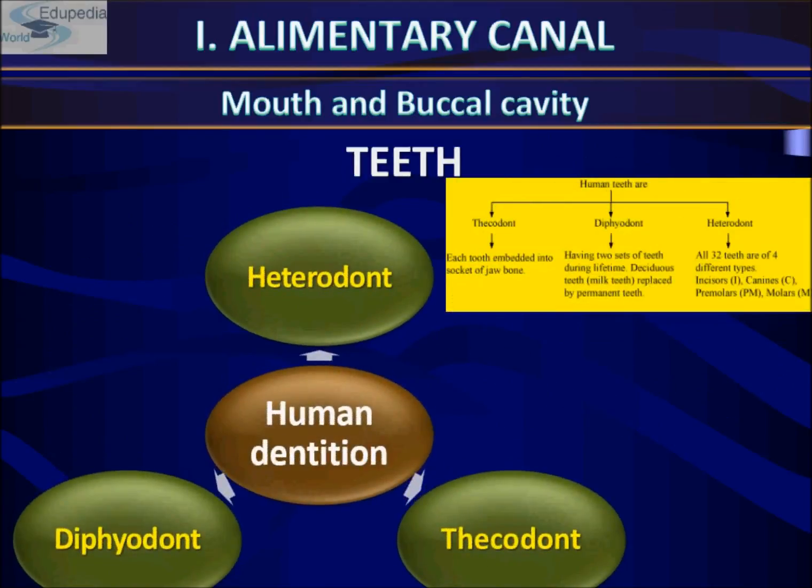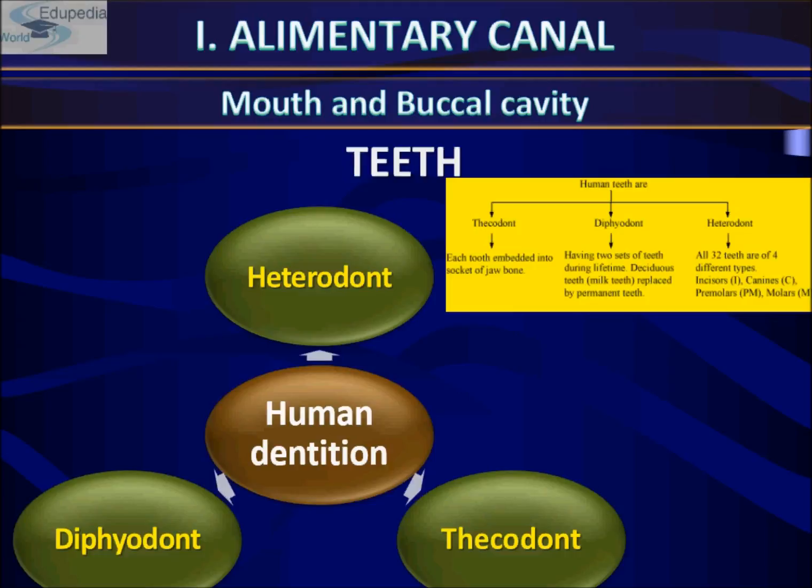So human dentition is of three types: heterodont, thecodont, and diphyodont. The majority of mammals, including human beings, form two sets of teeth during their life. A set of temporary milk or deciduous teeth is replaced by a set of permanent or adult teeth. This type of dentition is called diphyodont.